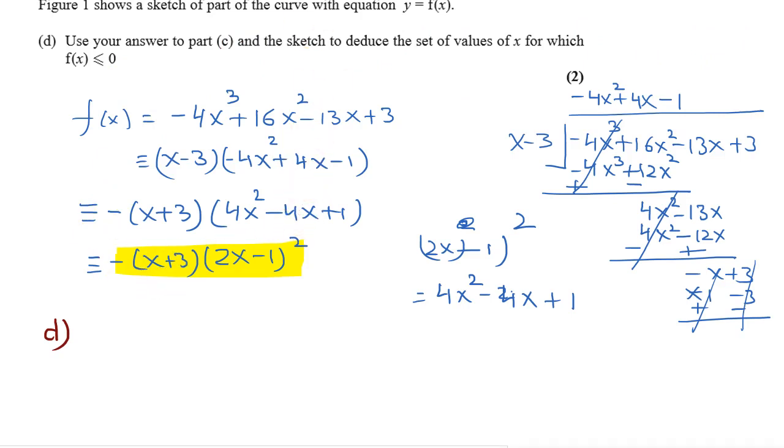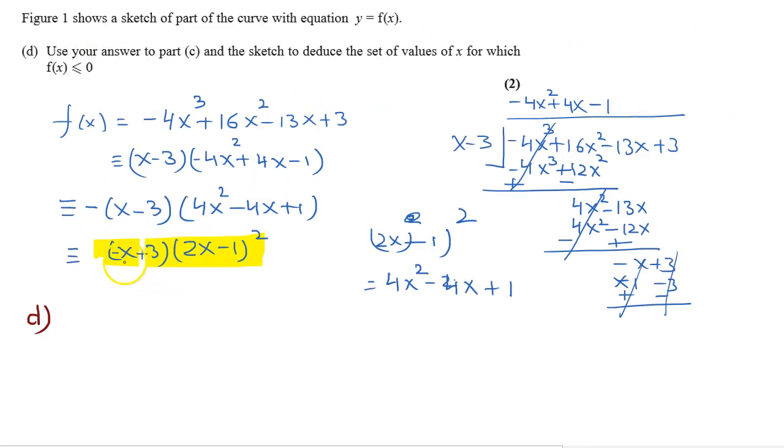So if we check the values of x, use the answer of part C and the sketch to deduce the set of values of x for which f(x) is less than or equal to 0. So it means minus (x minus 3) and (2x minus 1) squared is less than or equal to 0.